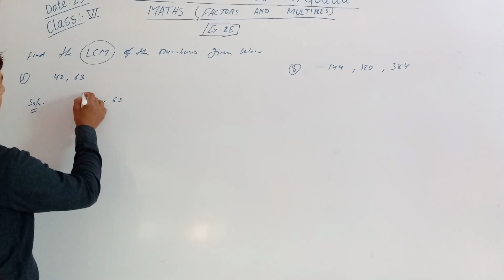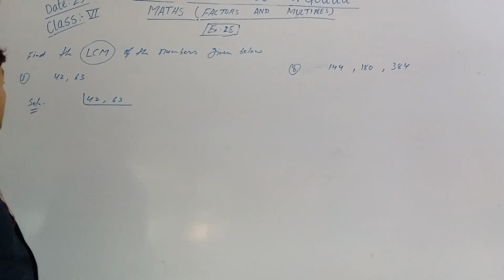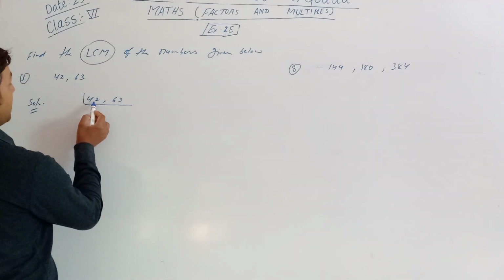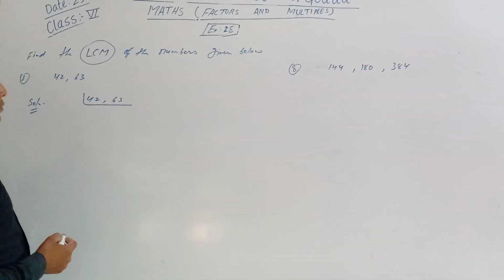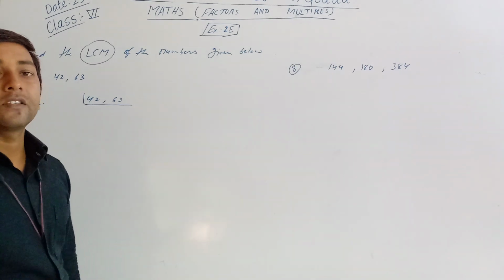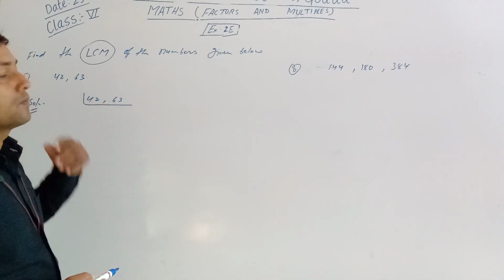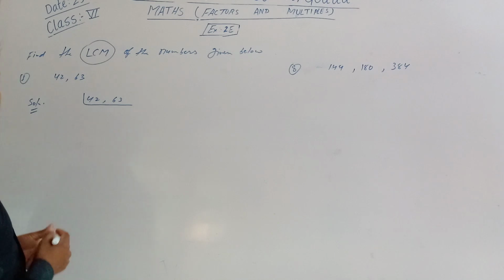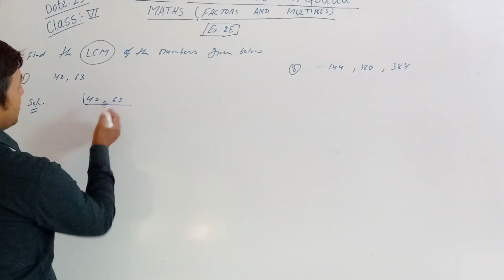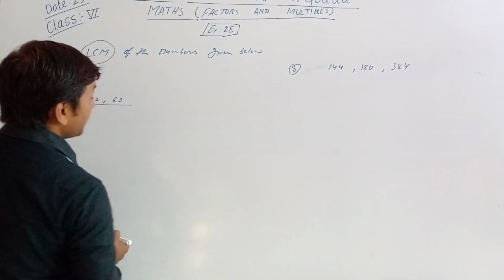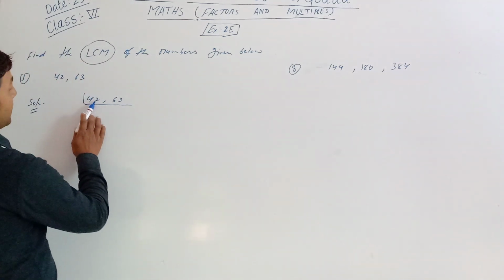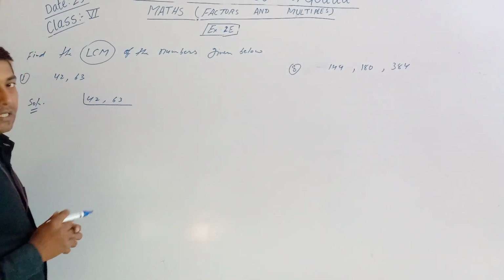The simple method is you will draw like this, and now by which table you can divide both numbers. It means you have to find the factors, a particular factor by which we can divide both numbers. You know this can be cut by 3, and this can also be cut by 3. If you divide with 2, 42 can be divided, but this one not.